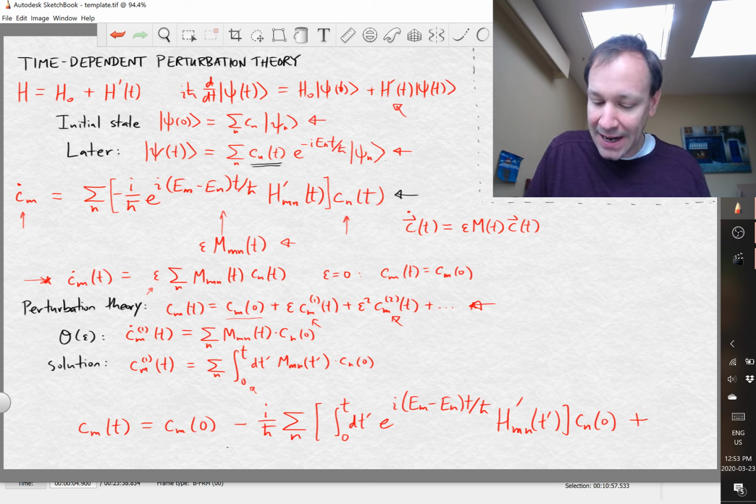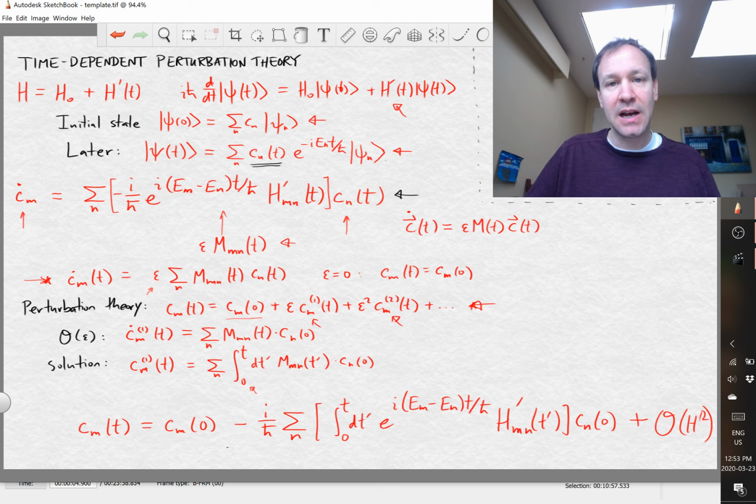And then we would have some terms at higher orders, so I'll write that as order h prime squared. Those are terms where we have two powers of the perturbation h prime, which we're assuming to be small. So this is our result to first order in perturbation theory.